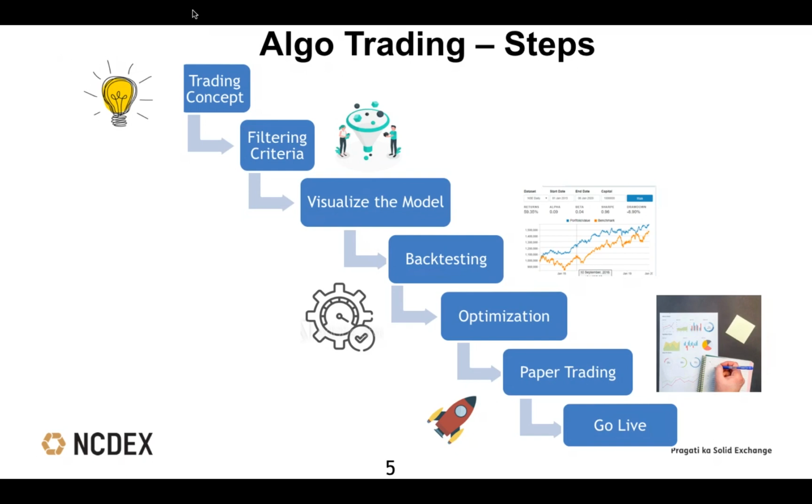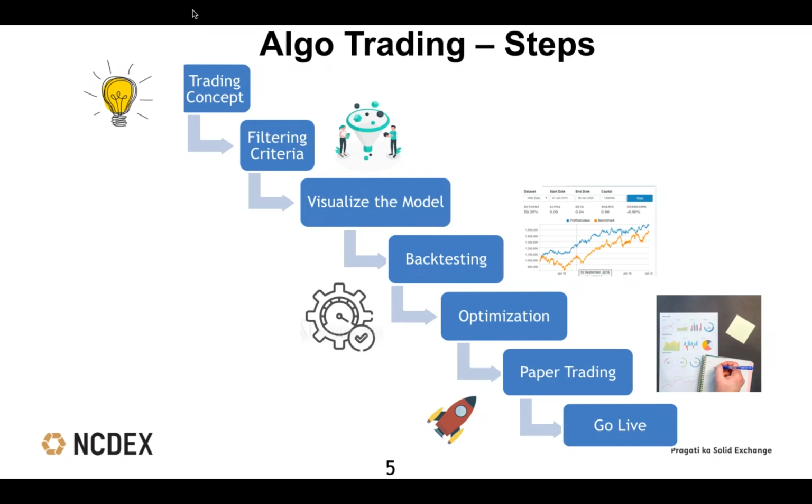So let us check what we were supposed to cover, and what we have covered so far. These were the various algo trading steps which were required to be covered as a part of this session.